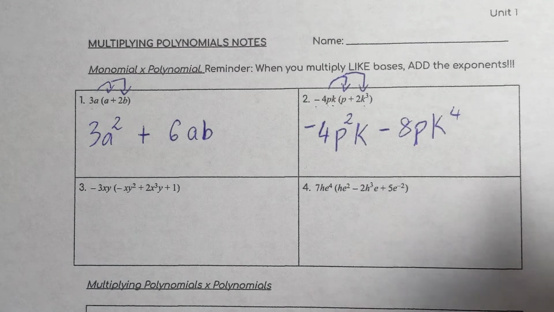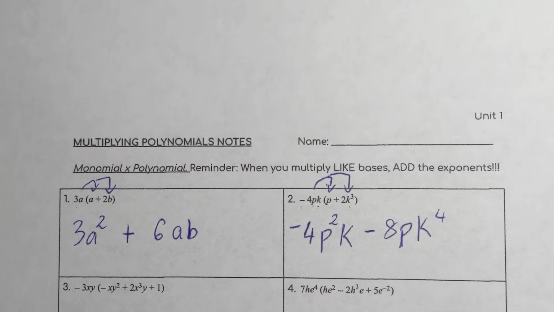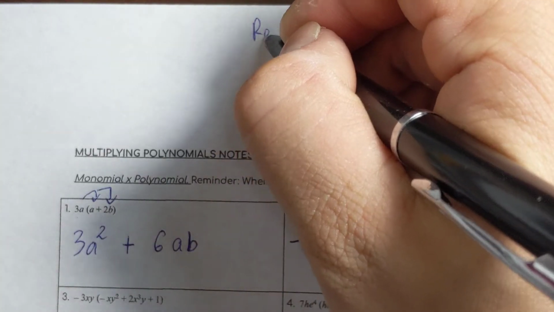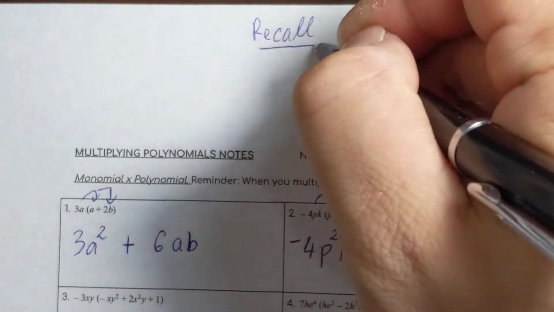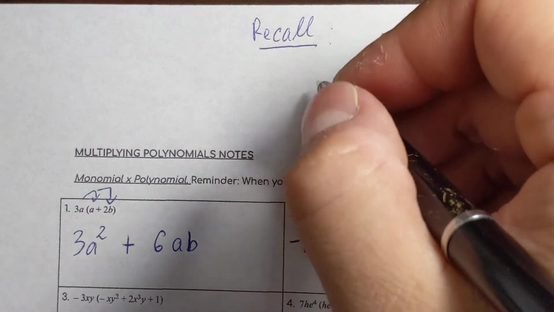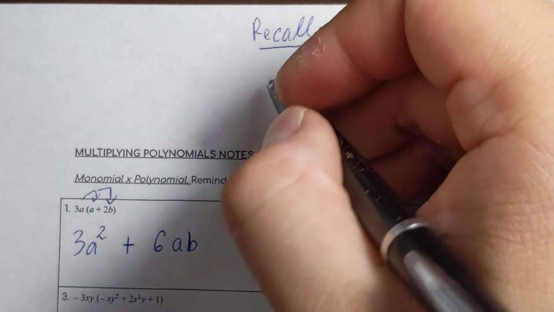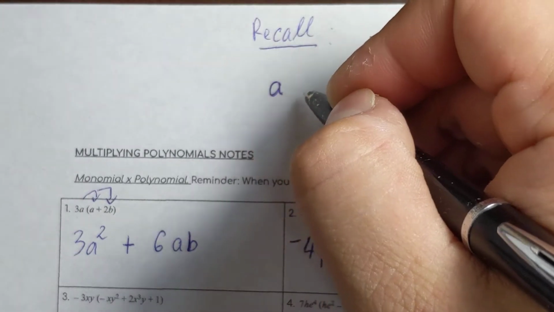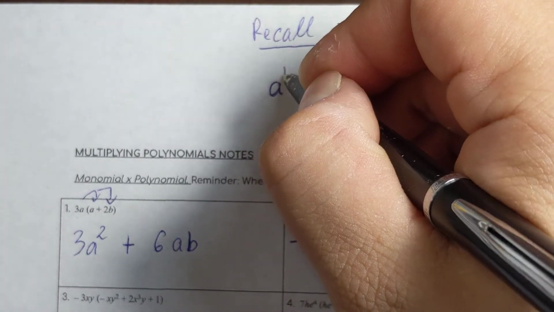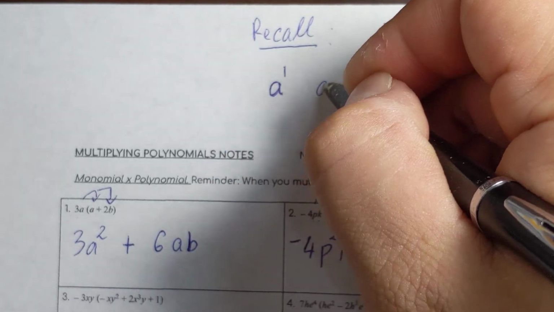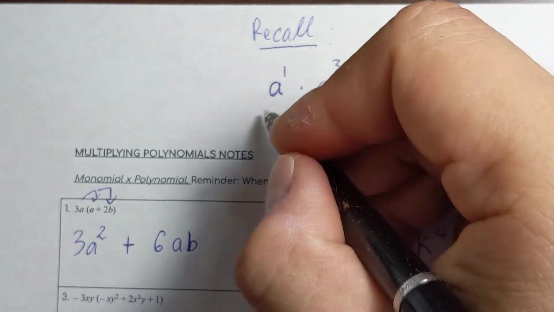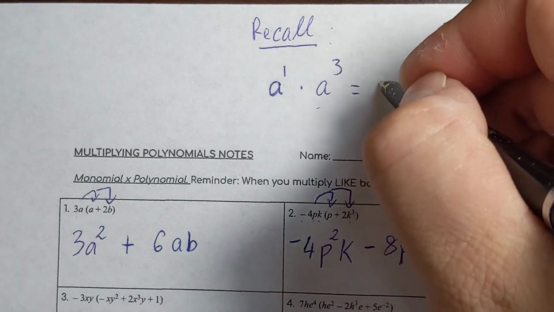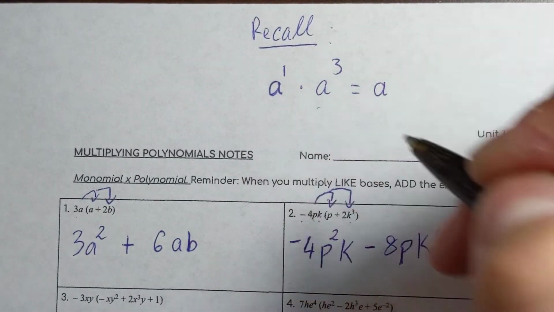If you have no idea what I'm talking about, please refer to over here. Recall, for the past knowledge: previously, we know that back in Math 1, if you have two numbers with the same base, for instance, a to the first power and a to the third power, and these two multiply to each other, the base stayed the same.